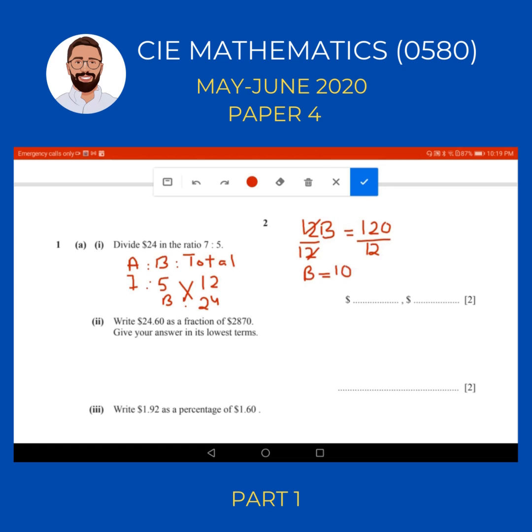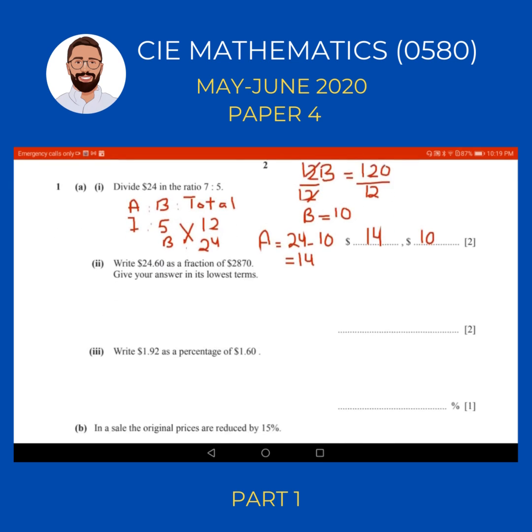Now if B is getting $10, then A would get 24, which is the total amount, minus the amount that B is getting, which is 10. So A is 24 minus 10, which is 14. So A would get $14 and B would get $10.